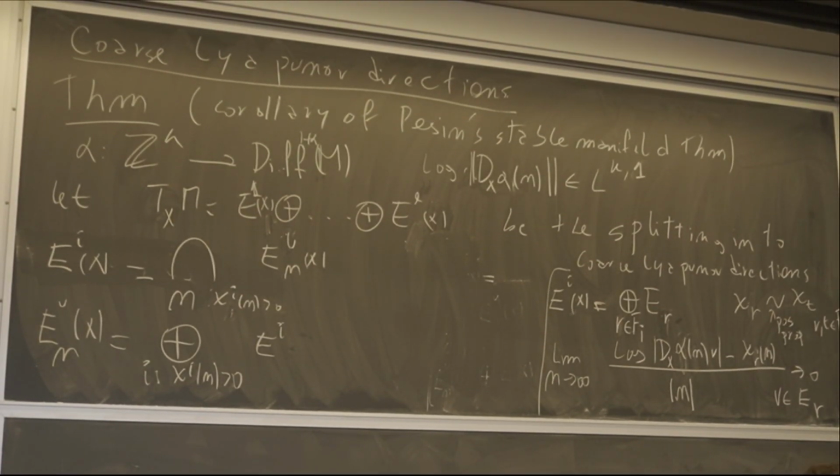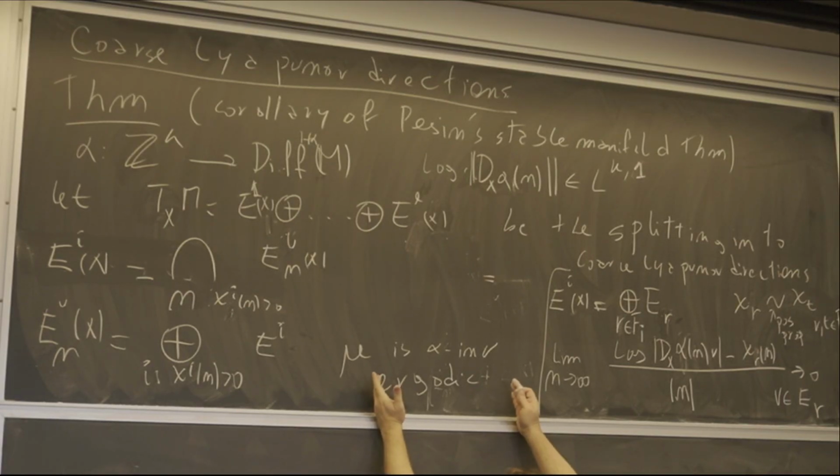Actually, my bad. In all this setting, mu is alpha invariant, ergodic. As I said, I asked for ergodicity before and I didn't really need it, the same way I don't need it here if I allow everything to depend on x.